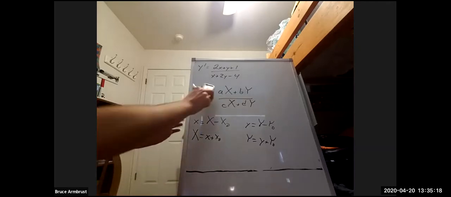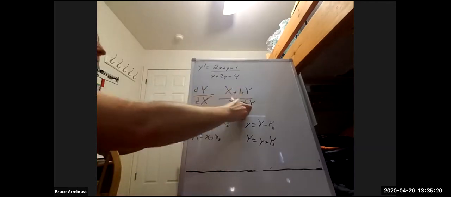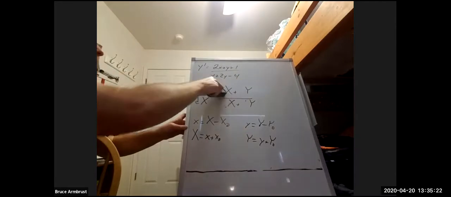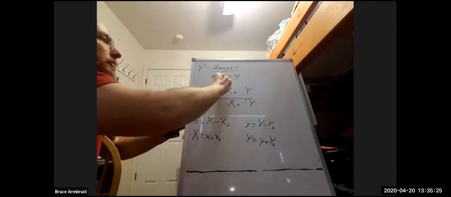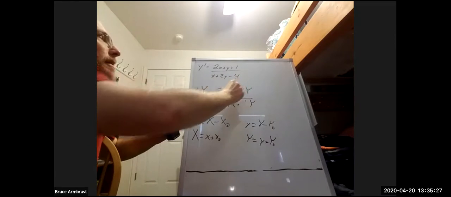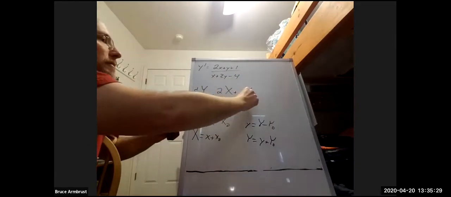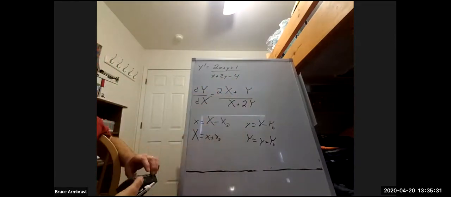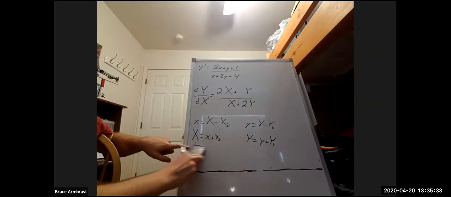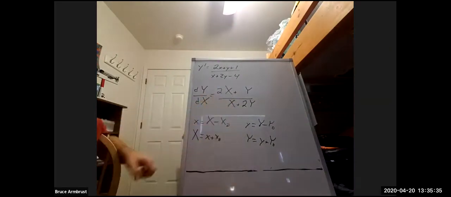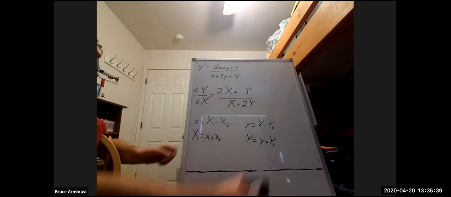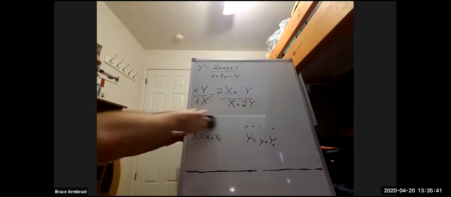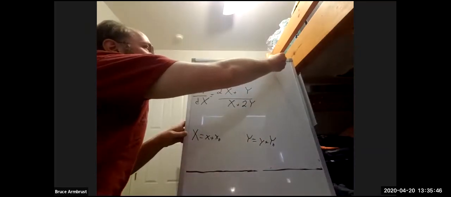So let's change these to being the values. We have 2 times x and 1 times big Y, 1 times x and 2 times big Y. Let's see what happens when we put these expressions in and what that forces x naught and y naught to be. I'm just going to rewrite these over here so that we don't forget them.